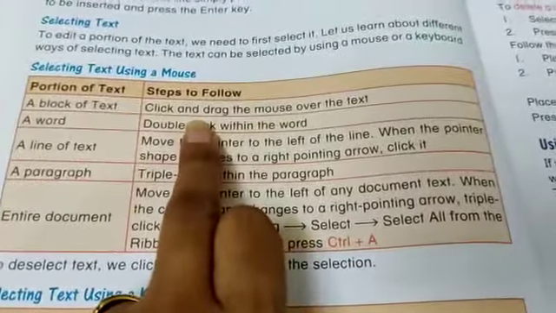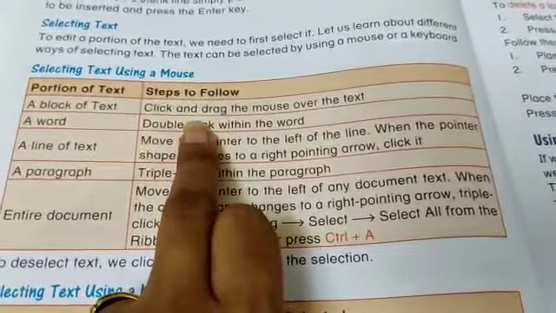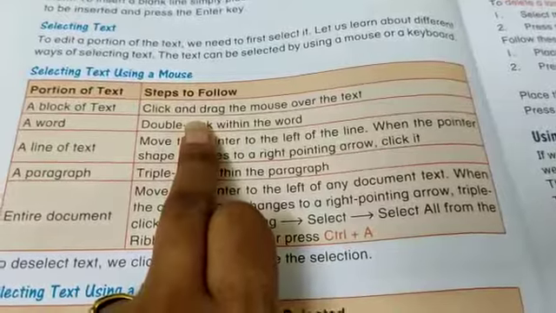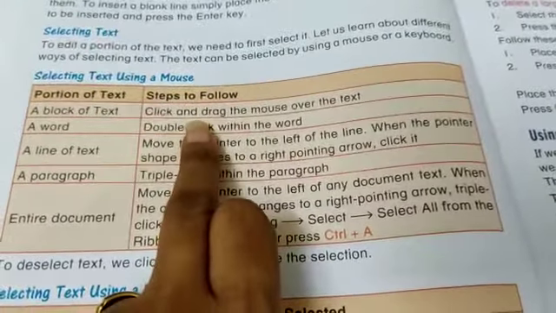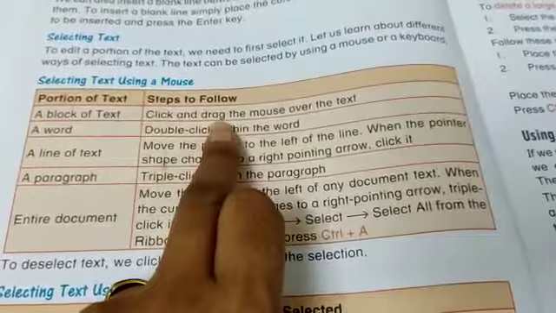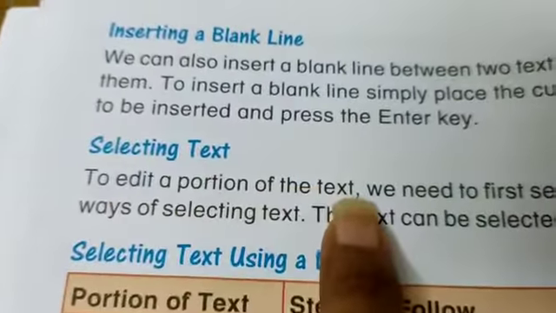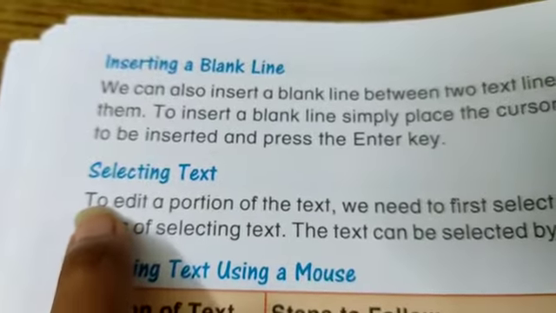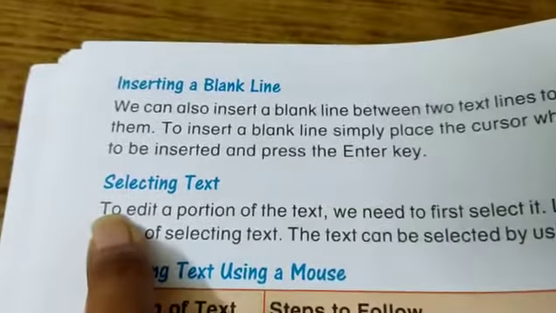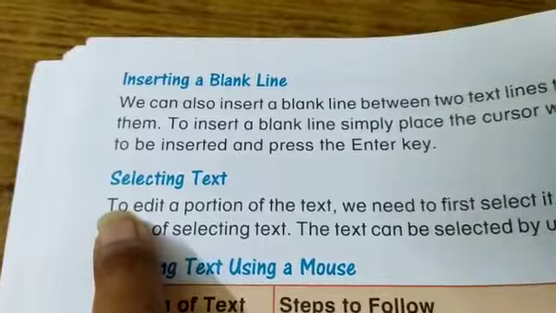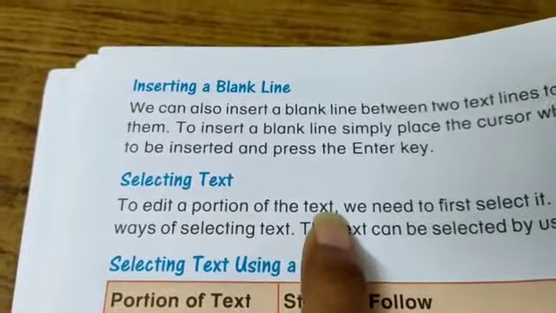How will you select? Click and drag the mouse over the text. What will you do? Left click, and then drag the mouse. Like you want to select this particular thing till here. You will start from here, click like this, and drag till here.